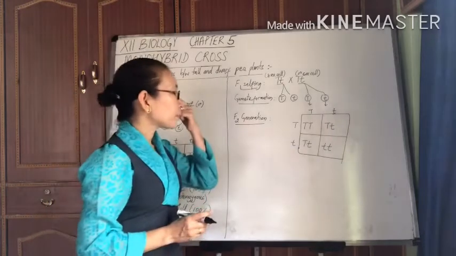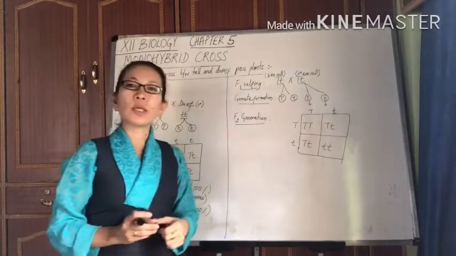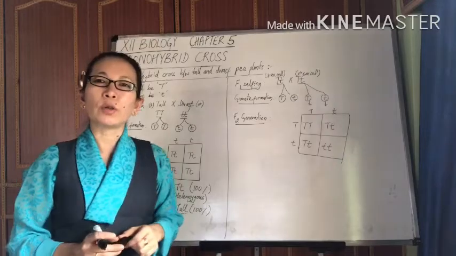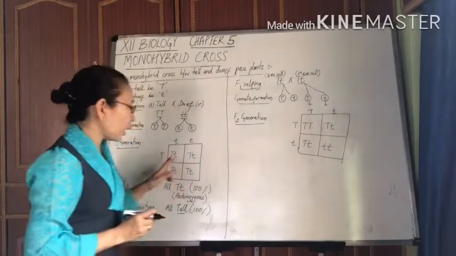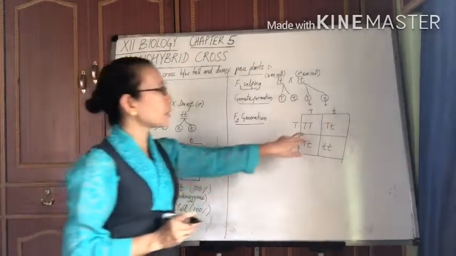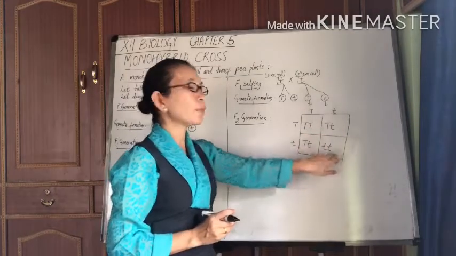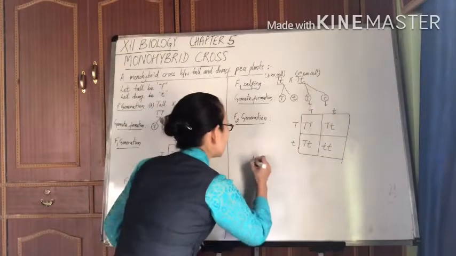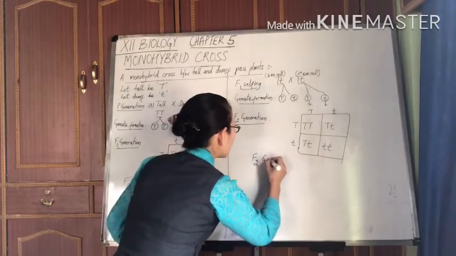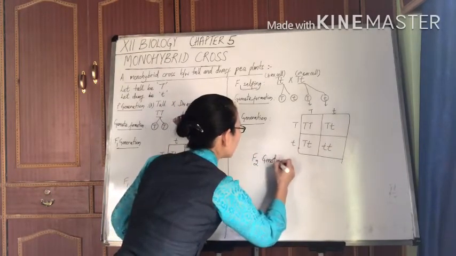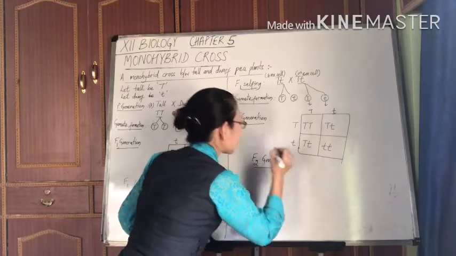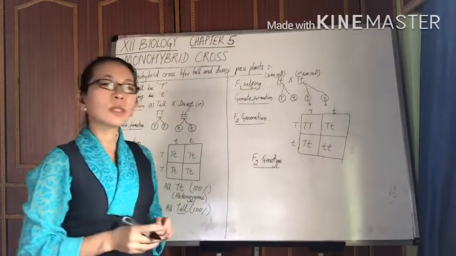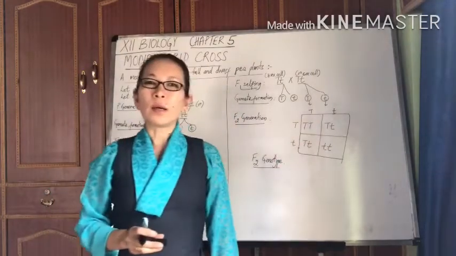Now, if you look into the combinations of the genotype, unlike in the F1 plants, we can be finding that the boxes have some kind of differences in their genotype. So let us now write down the F2 genotype. But F2 genotype is not the same for all the plants.